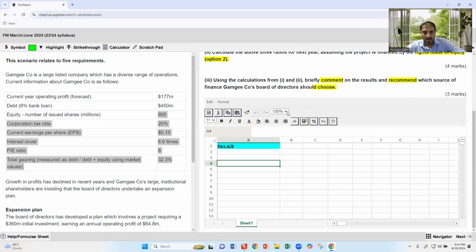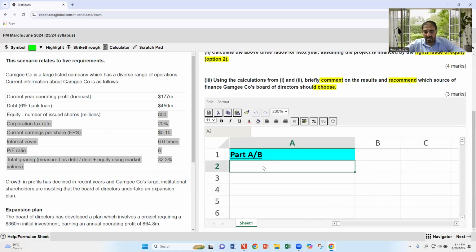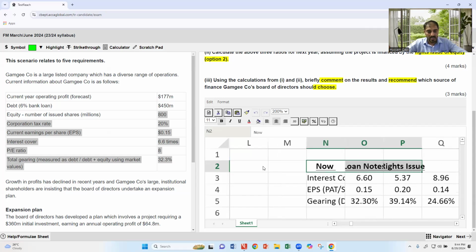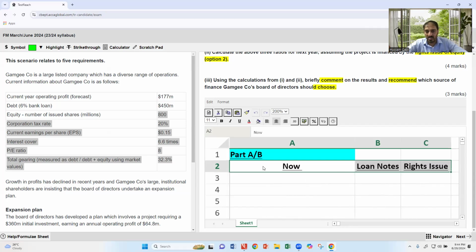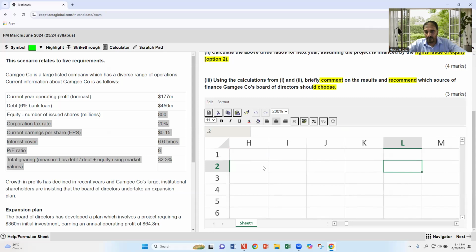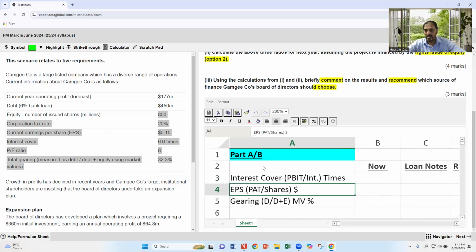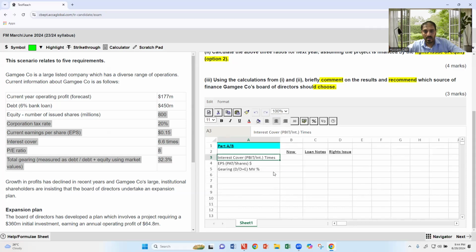So I personally suggest you develop the structure in this way. Very simple.